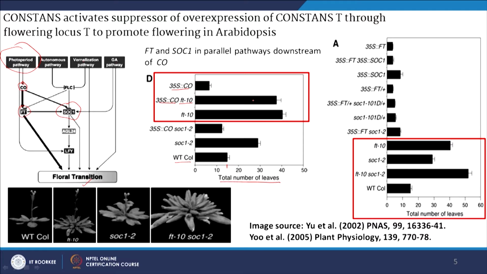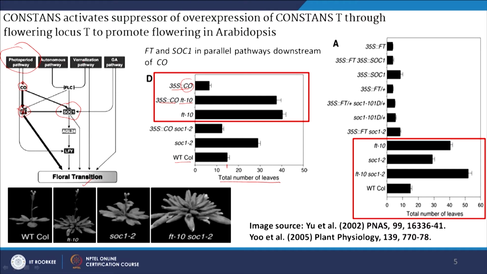CONSTANS cannot induce flowering, which means CONSTANS is important in activating flowering, but it is working through FT. If you do not have FT, CONSTANS is not able to activate flowering. So, CONSTANS is upstream of FT.